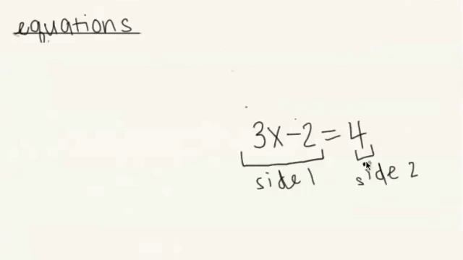It's always separated by the equal sign, so common terminology you might hear in learning algebra and solving equations is moving something to one side or the other side, just so you know that the two sides are divided by the equal sign.